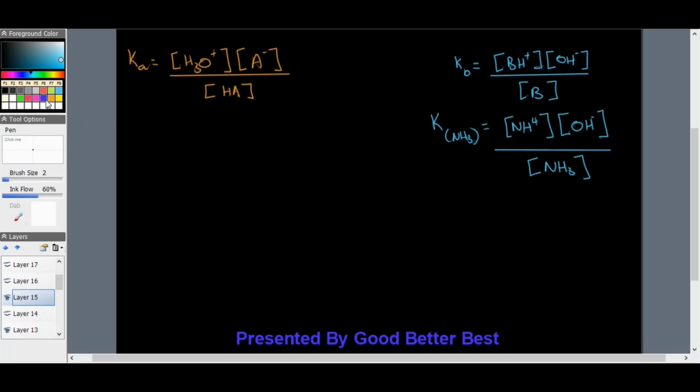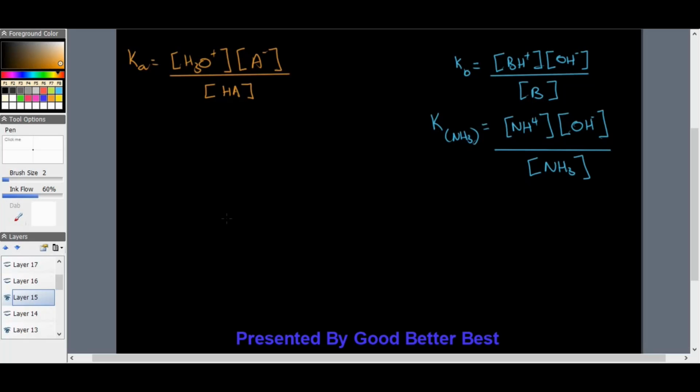But for our acid, with the example that we had, we had HCl plus H2O, which gave us H3O plus in aqueous solution plus Cl minus.